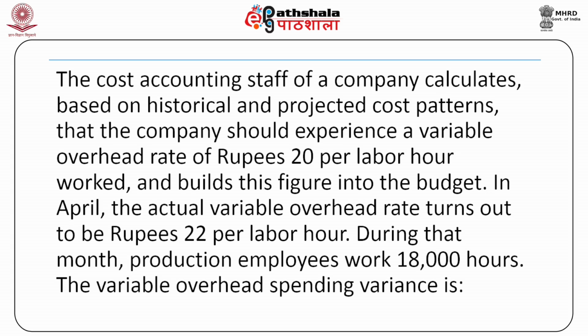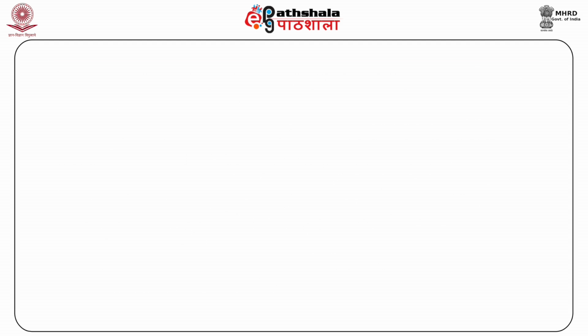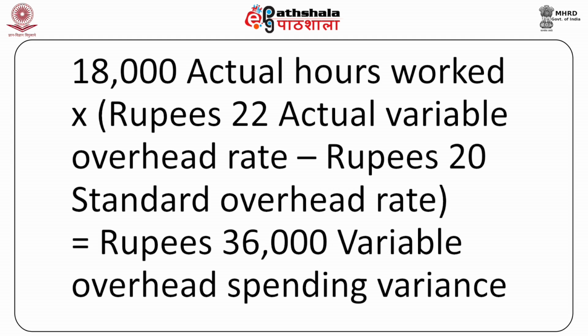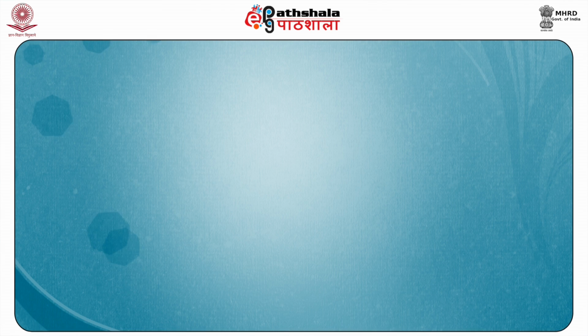During that month, production employees work 18,000 hours. The variable overhead spending variance is: 18,000 actual hours worked into rupees 22 actual variable overhead rate minus rupees 20 standard overhead rate is equal to rupees 36,000 variable overhead spending variance.